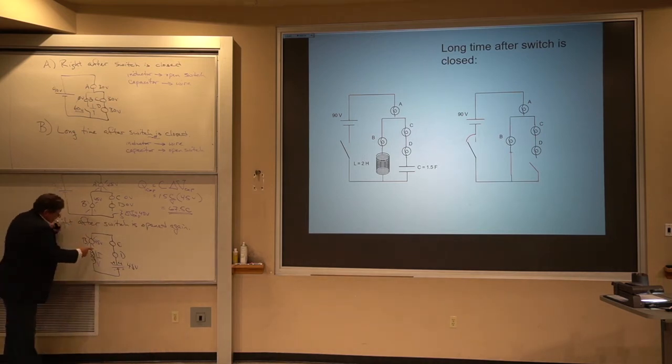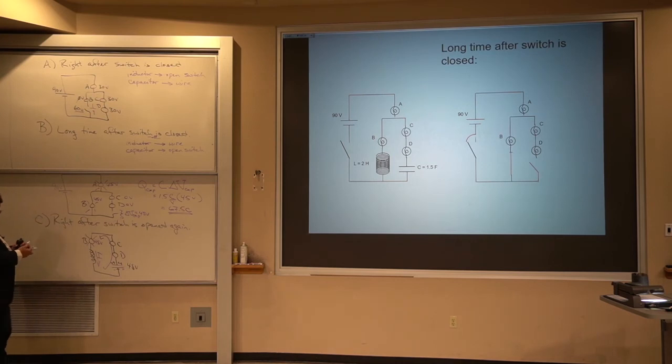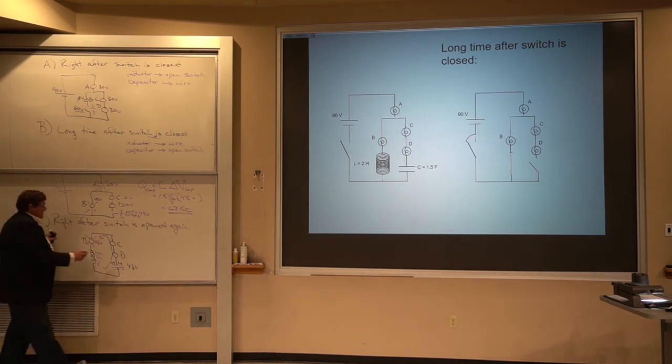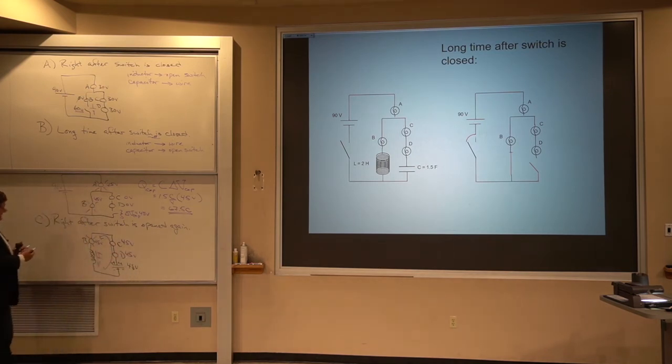If the current through the inductor can't change instantly, that means that current has to wrap around counterclockwise. And if it's big enough to make B 45 volts bright, then it's big enough to make C 45 volts bright and D 45 volts bright, because they're now in series.